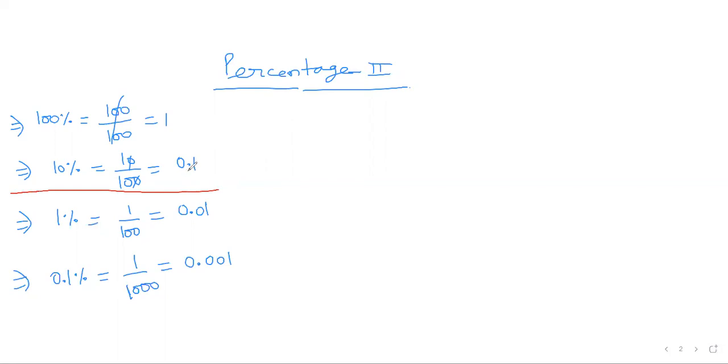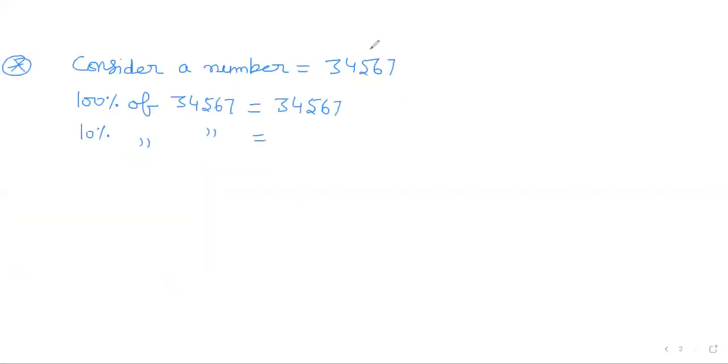We simply put a decimal from the right side of the number. 10%, 1 digit, we just put a decimal one place from the right side. Exactly, we are doing the same thing. We just put 3456.7.